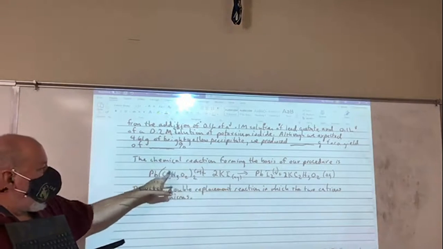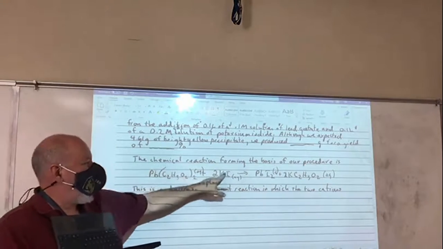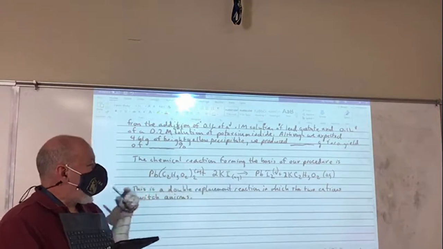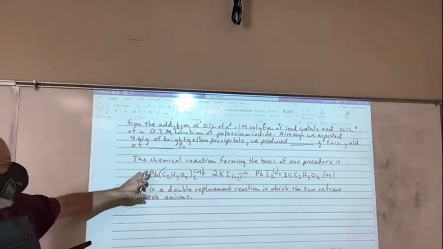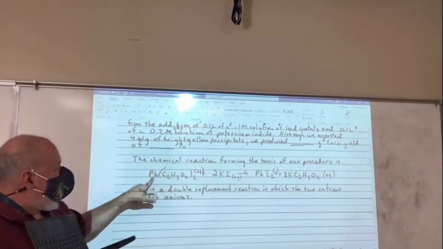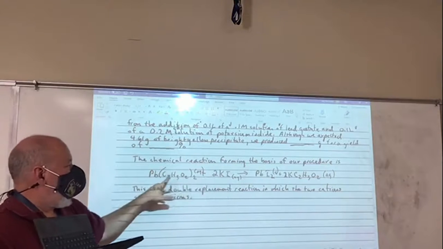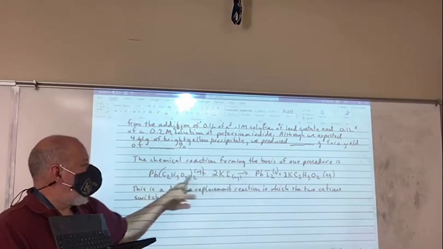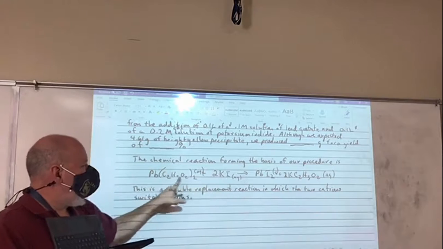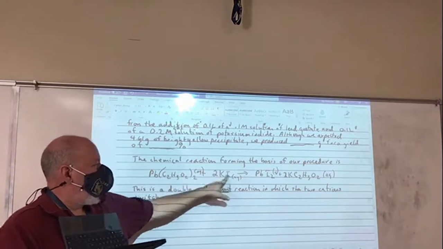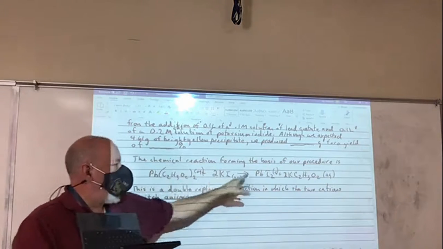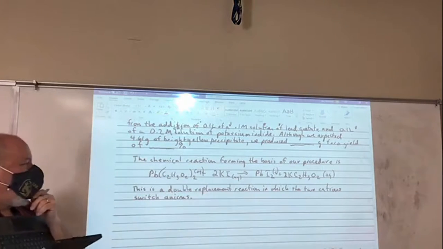I'm going to have an ionic compound here, and I'm going to have an ionic compound here. And anytime I have that situation, if I write that equation out, the expectation is going to be that the two cations switch anions. Okay?